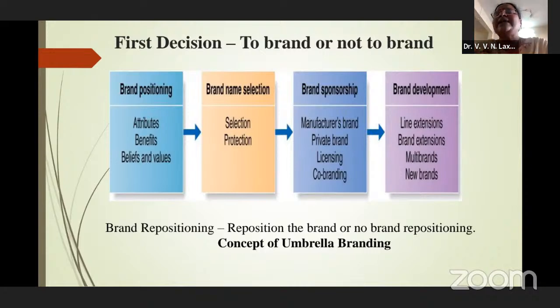Then we have brand development. Here we can try to understand what are private brands. In India, we do not see them, but in US and Europe, other countries, we can see them. Private brands are the retailer brands. For example, Walmart, I think you know, it is the biggest, huge retailer in the world.